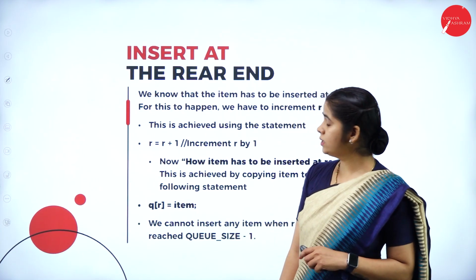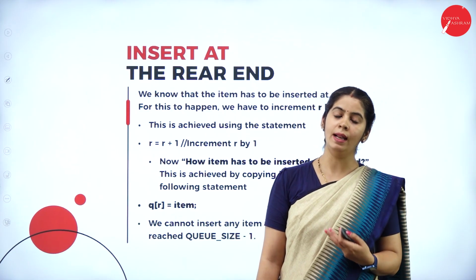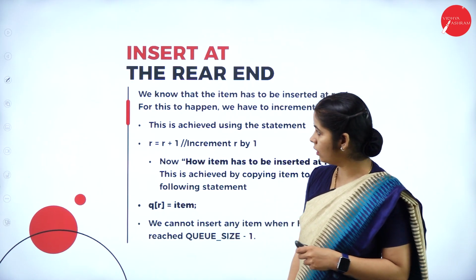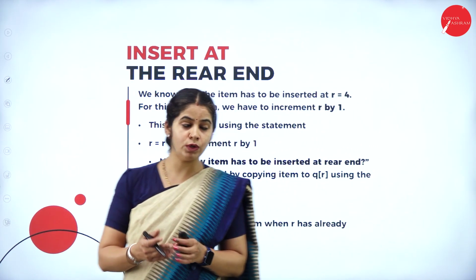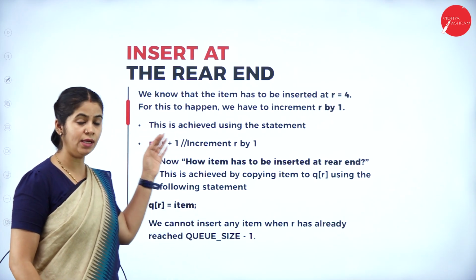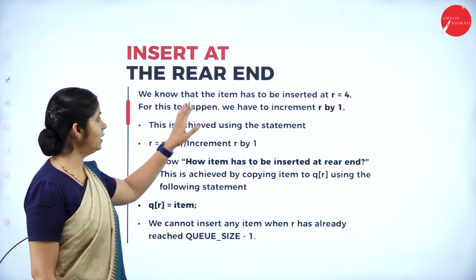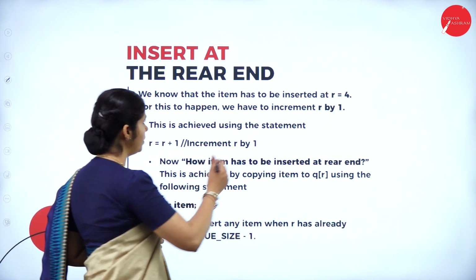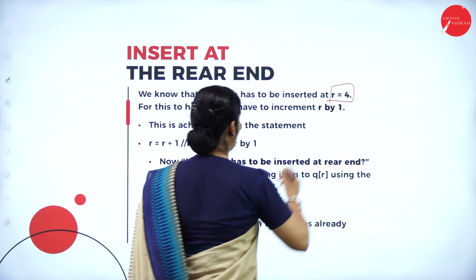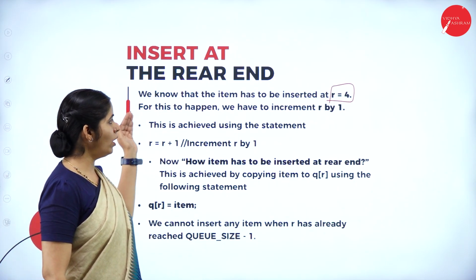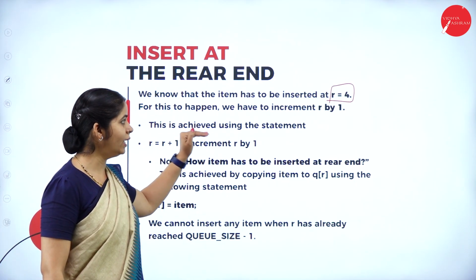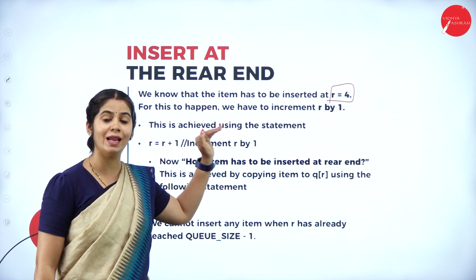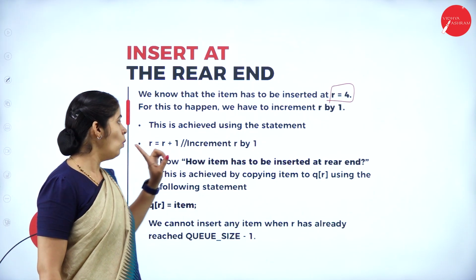Next, we'll see how to insert an element at the rear end. Let us see what steps we should follow to insert the element at the rear end. We know that the item has to be inserted at the rear end. Which item am I inserting? I am inserting the value 4. For this, what do we have to do? We have to increment the R value, that is the rear pointer value, by 1.